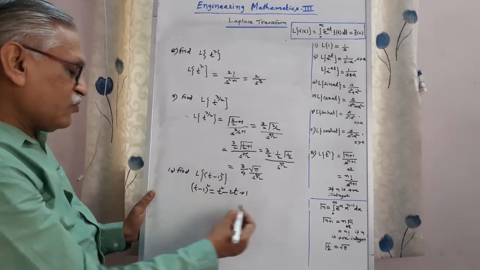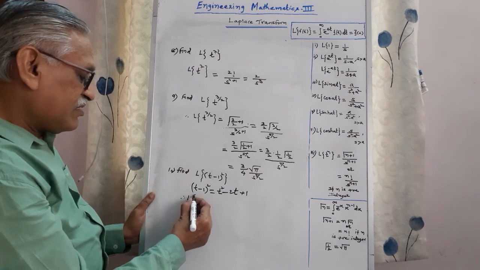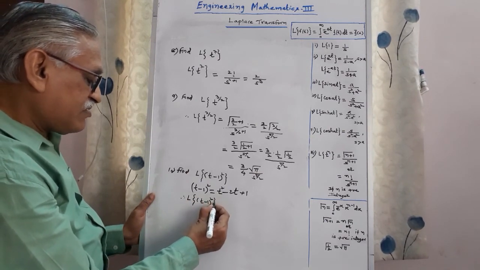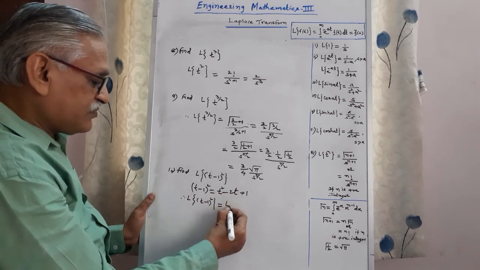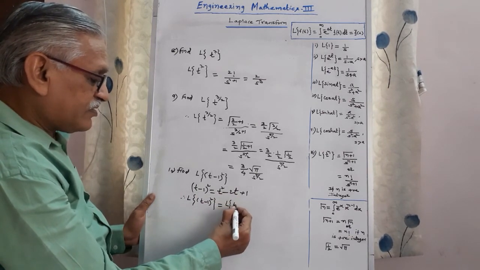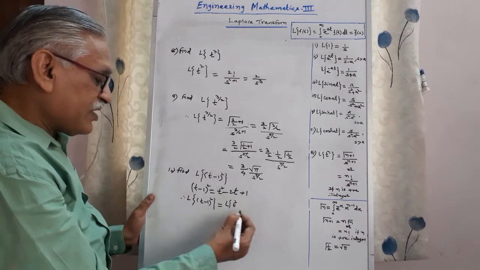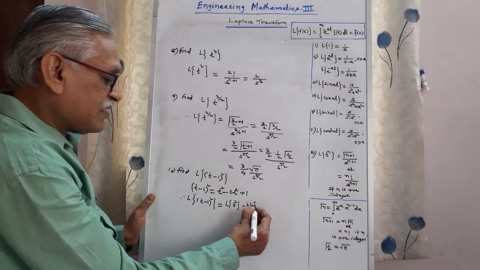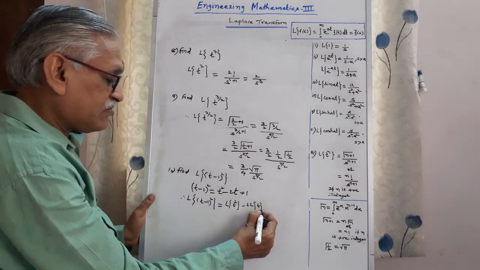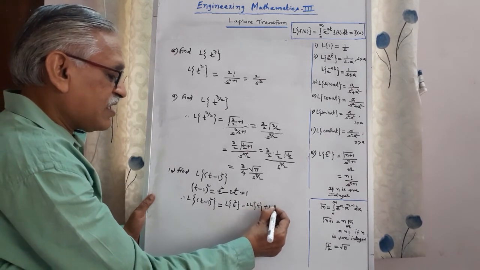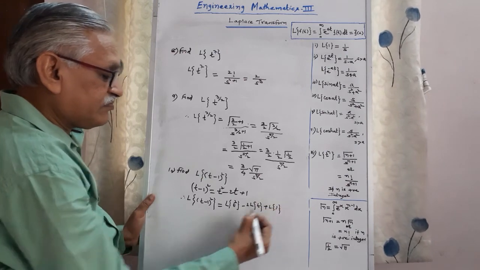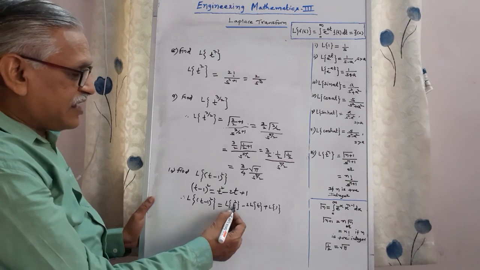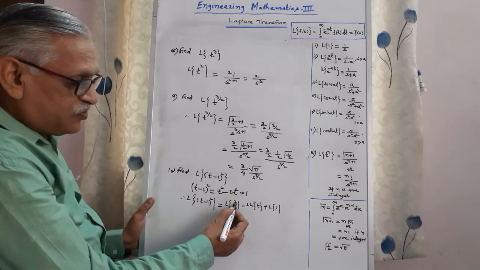Therefore, taking Laplace on both sides, Laplace of t minus 1 bracket square means the Laplace of the right hand side terms. I will take individual Laplace, Laplace of t square, 2 constant outside, Laplace of t, and plus Laplace of 1. And then applying the standard result. Laplace of t square, n is here 2, positive integer.